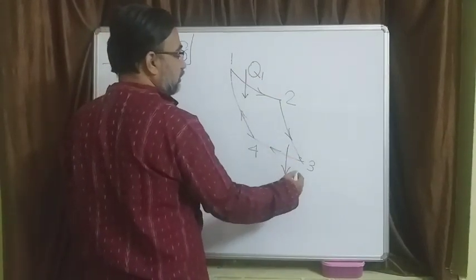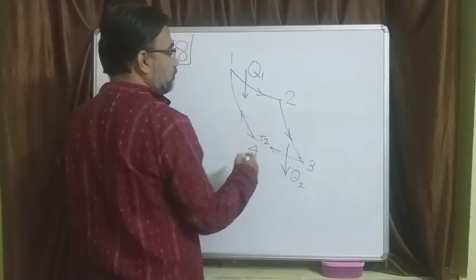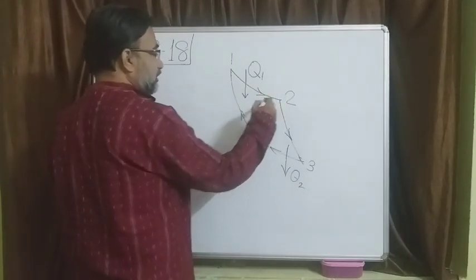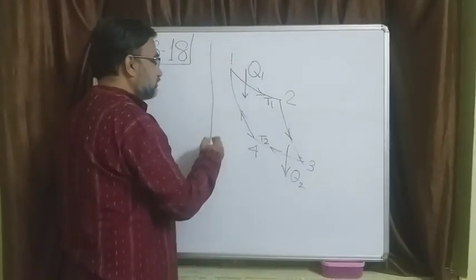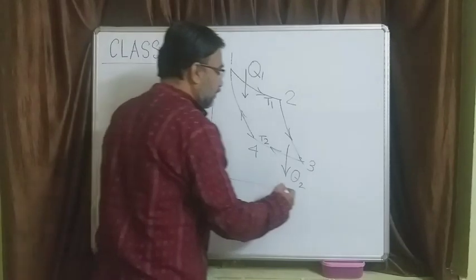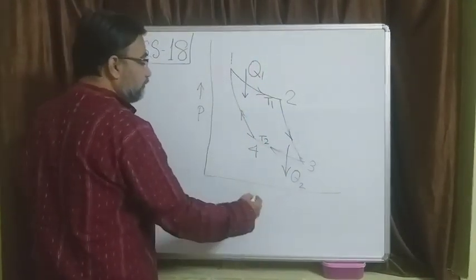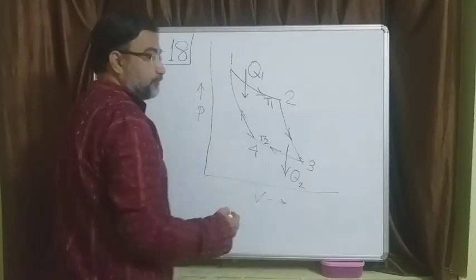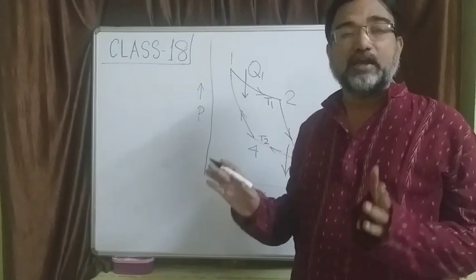This is the process where Q2 amount of heat is rejected. Temperature maintained during this process is T2. Temperature maintained during this process is T1. And this is the representation of Carnot cycle in a PV coordinate. In a pressure volume plane, this is how a Carnot cycle looks like.